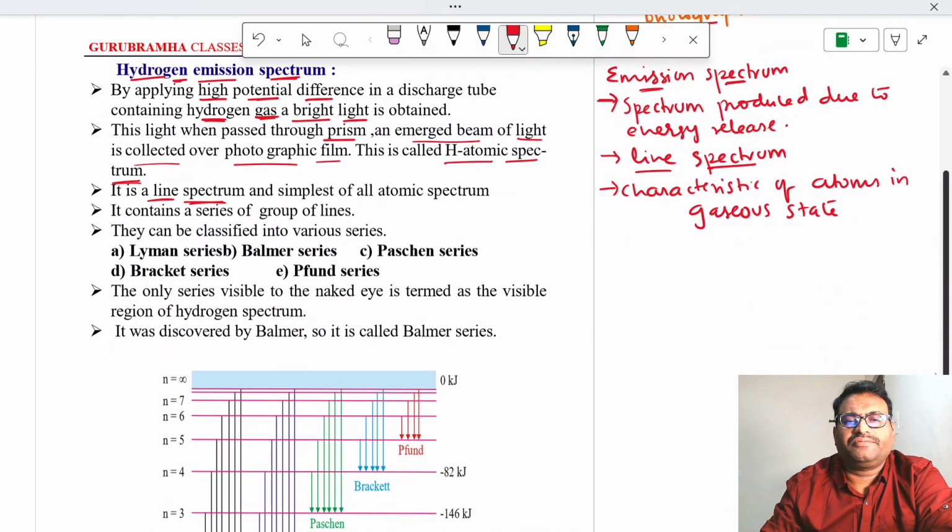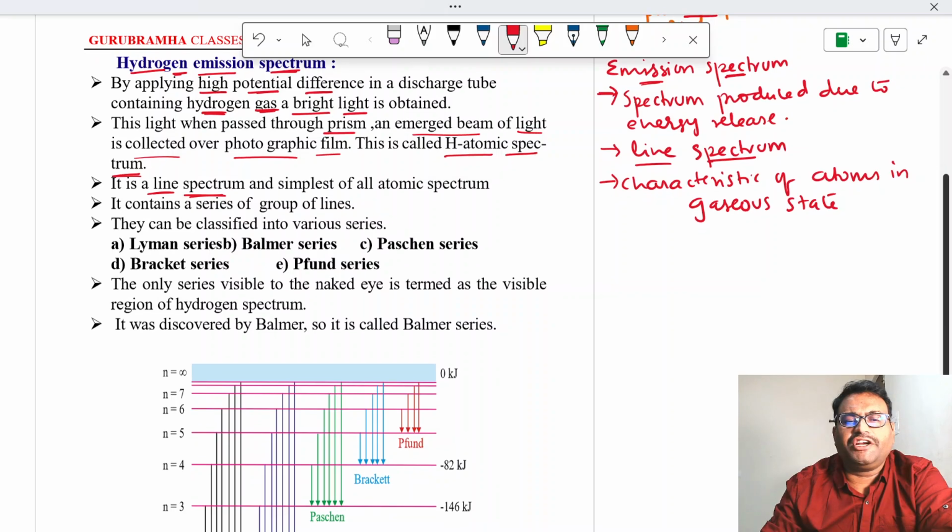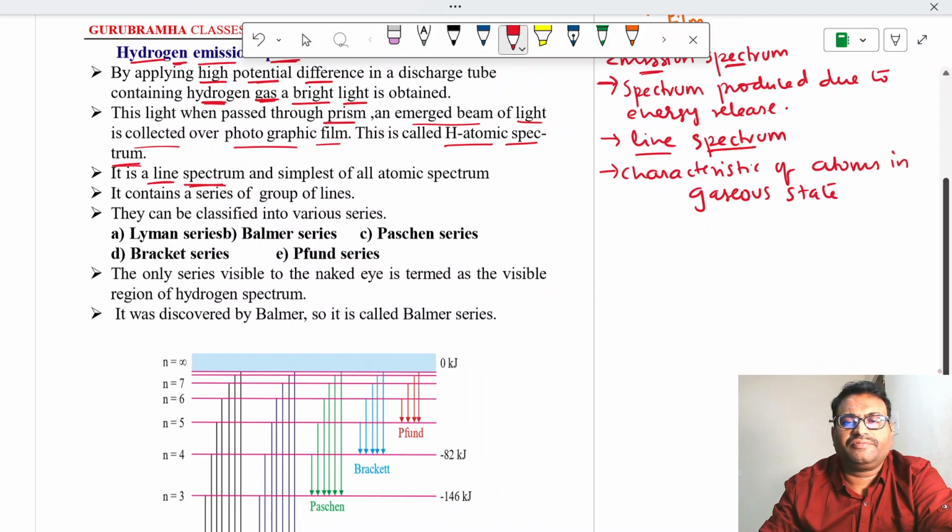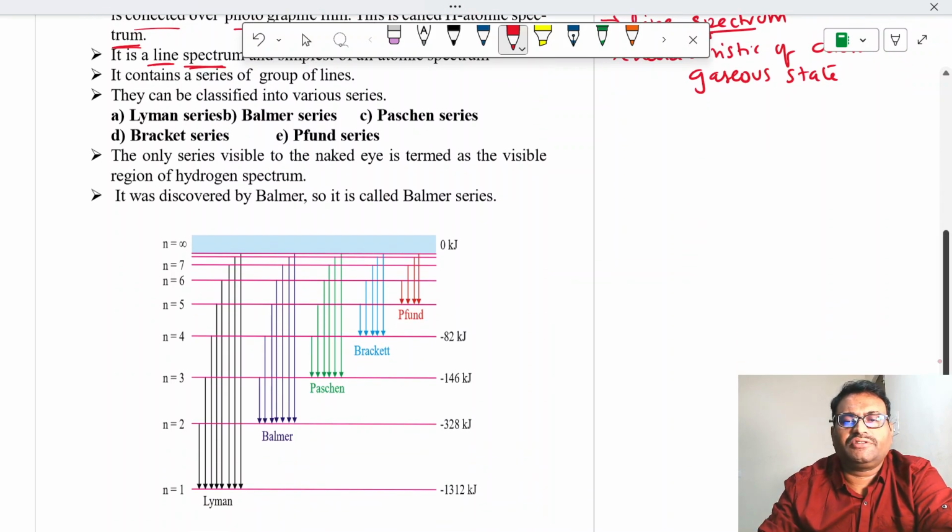After converting into hydrogen atoms, where is the electron present? Let us consider these as stationary states: 1, 2, 3, 4, 5, 6, 7.